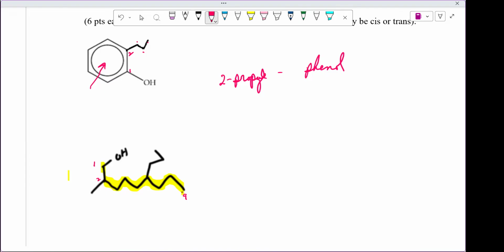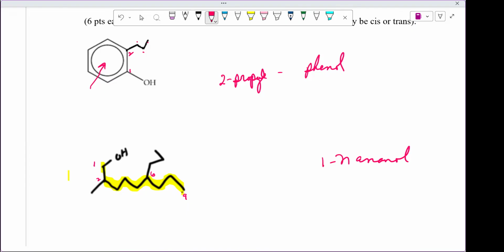Carbon 2 has a methyl branch, then 3, 4, 5, 6, it has a propyl branch. So it's going to be nonanol, and it's 1-nonanol because the hydroxyl group is on carbon number 1.